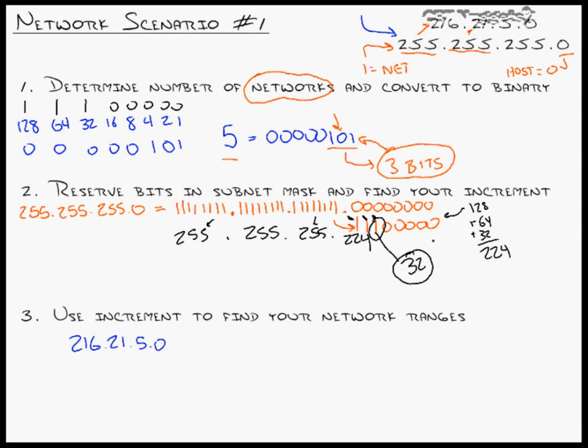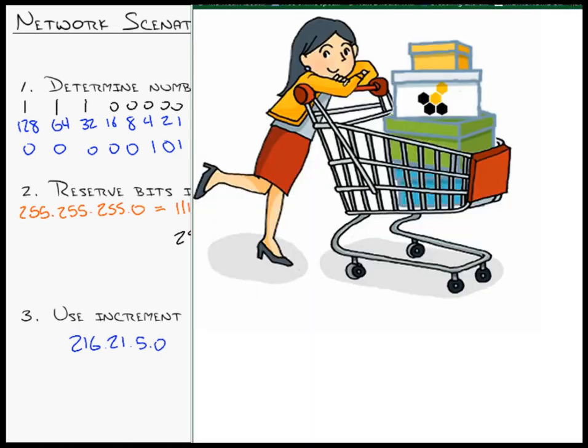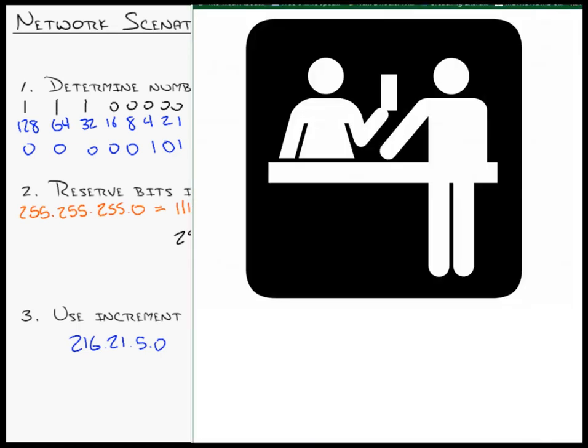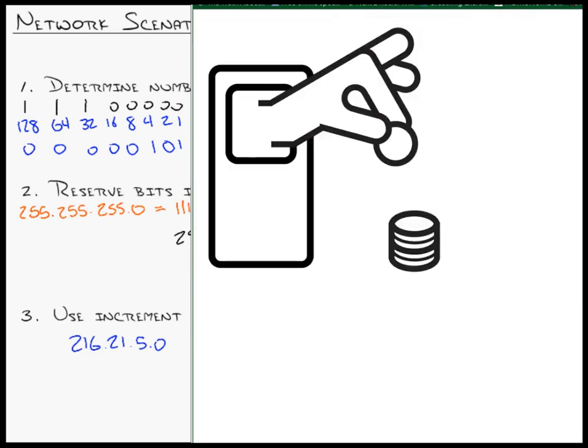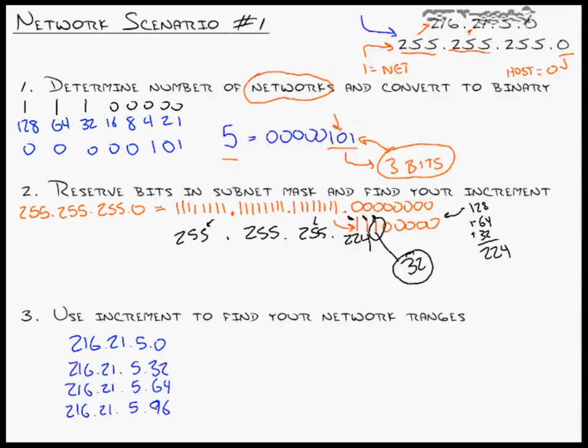So let's write down our original purchased IP address, 216.21.5.0, and add the increment. As you can see in this number pattern, you are adding the increment each time. 0, 32, 64, 96.